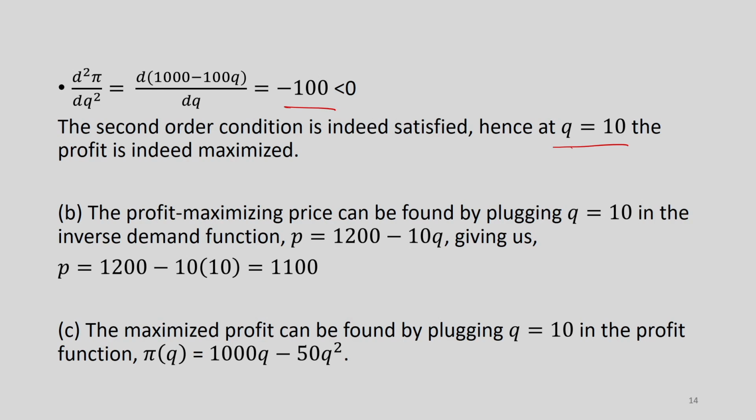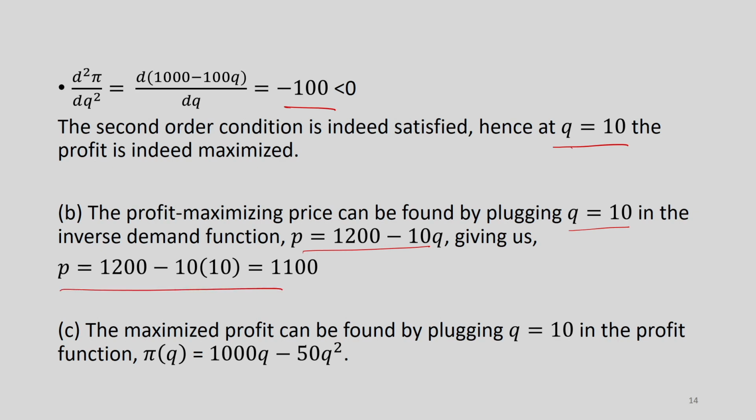Now, we check for the price at which the producer is going to sell his goods. The profit maximizing price can be found by plugging Q is equal to 10 in the inverse demand function, right. This is the inverse demand function, 1200 minus 10Q is the price. I put Q is equal to 10 here, I get P is equal to 1100.